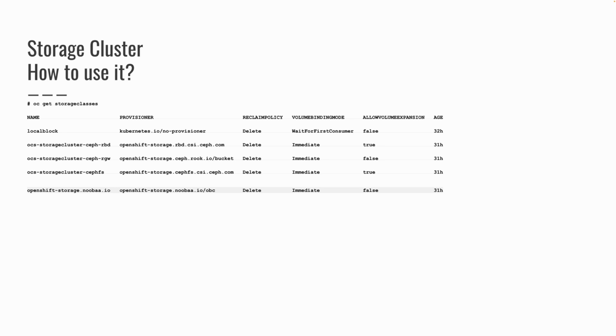For example, if you want to create application workload persistent storage for block storage, then create a persistent volume claim with ocs-storagecluster-ceph-rbd as the storage class name, and then attach it to your pod when you create your pod YAML file.